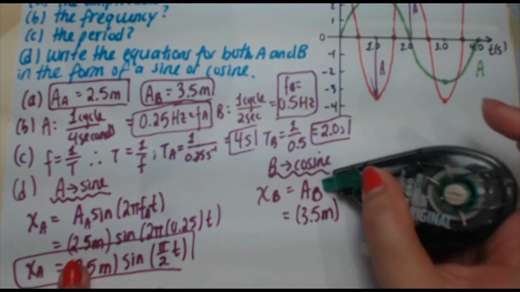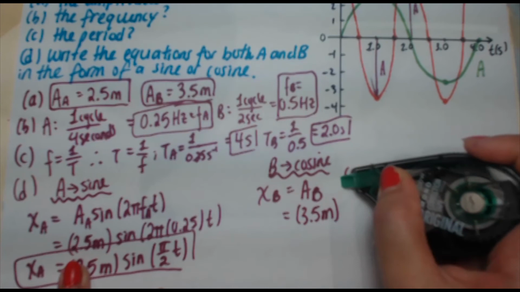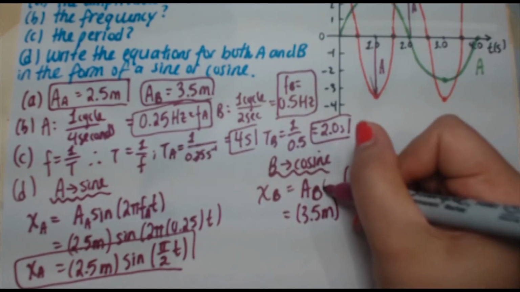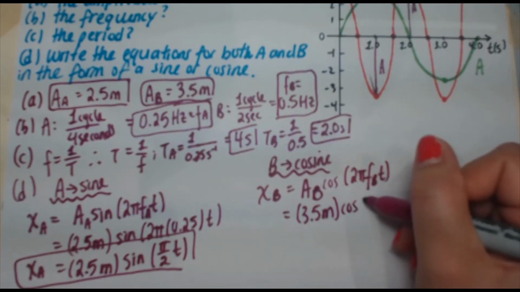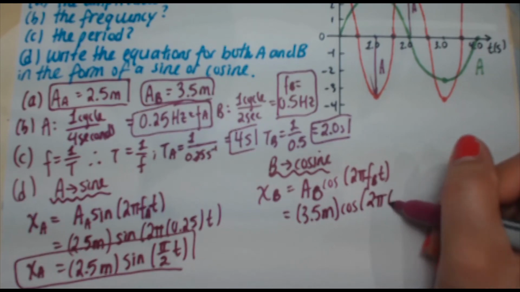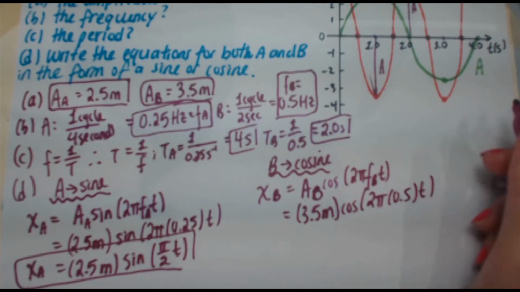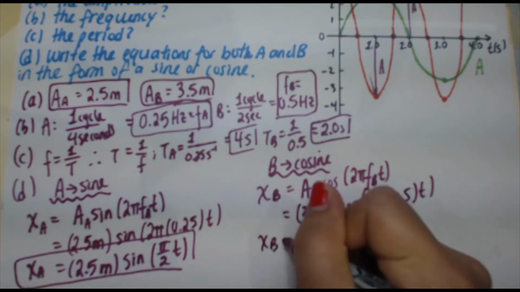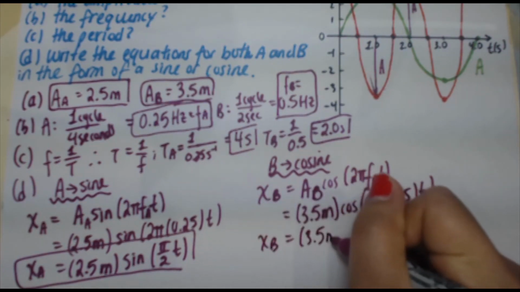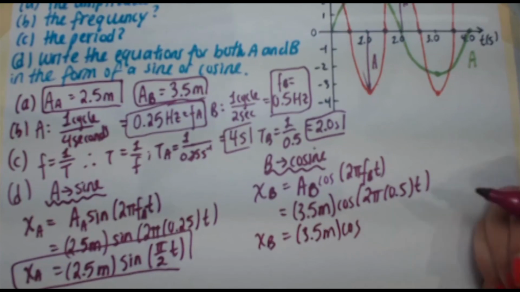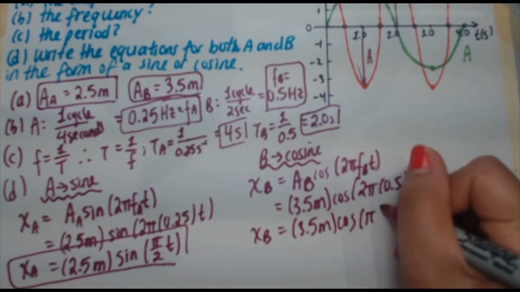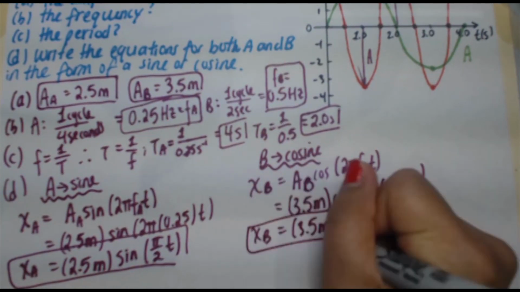Should be cosine. Cosine, 2 pi, frequency is 0.5 times t. 2 times a half is 1. So this actually just simplifies to 3.5 meters cosine pi t. And that's it for this video, guys.